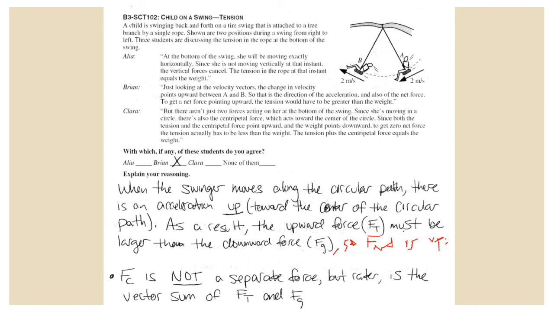And it's very important for everybody to realize the centripetal force is not a separate force, but rather it is the vector sum of the tension and the weight, where, of course, the tension acts up and the weight acts down, so they have to subtract.